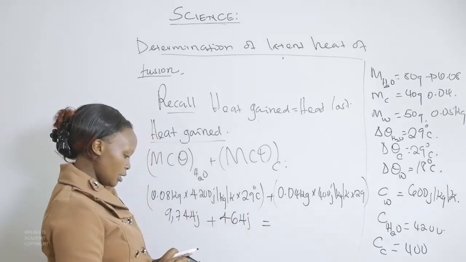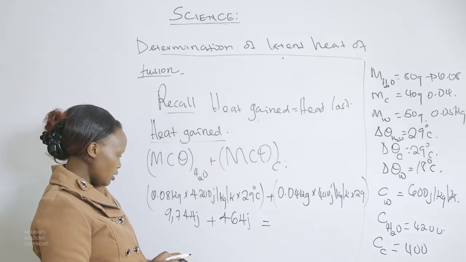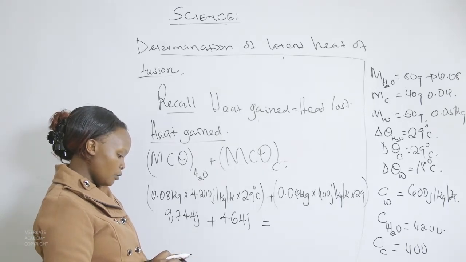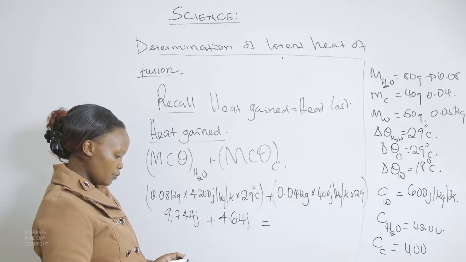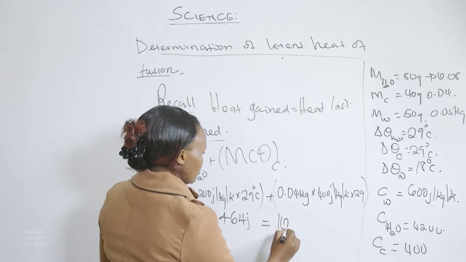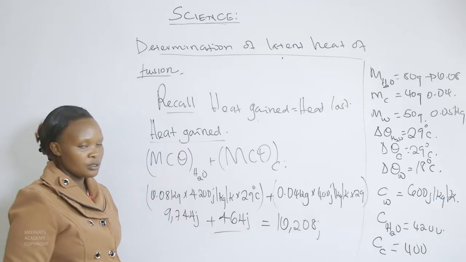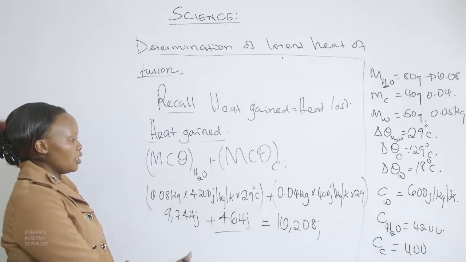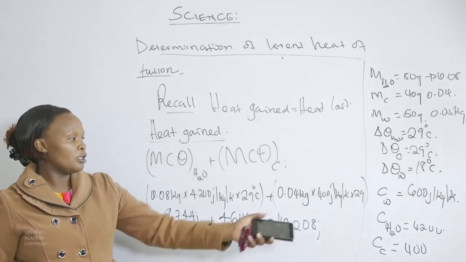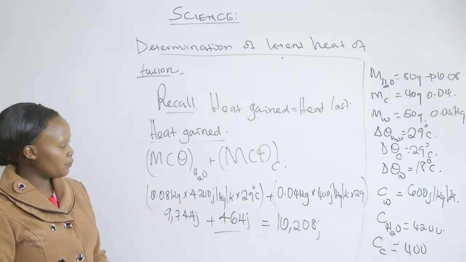That will be our heat gained. That is 9,744 added to 464, which gives 10,208 joules. That is the sum of the heat that was gained by water and by our calorimeter.